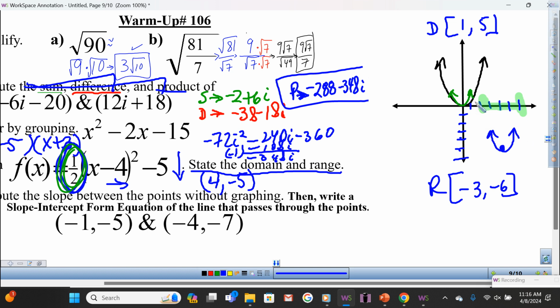Now, why didn't I use from -2 to 2? Talk to the neighbor. Why didn't I use from -2 to 2 as my domain? Why do you think I didn't use that? All right, good conversations.